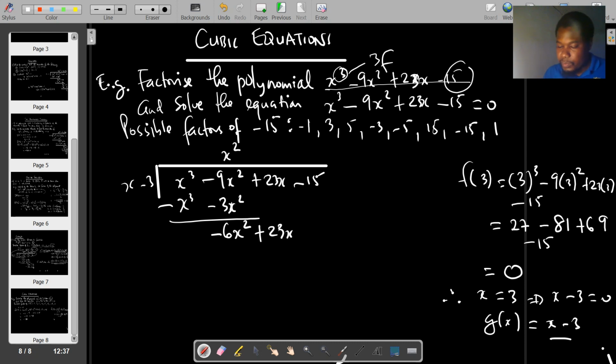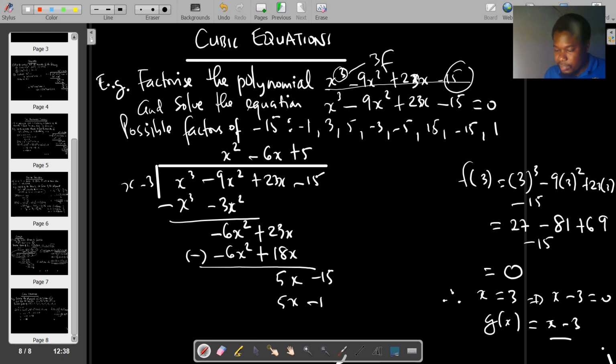All right, x into negative 6x squared gives us negative 6x, times that is negative 6x squared. Negative 6x times negative 3 gives us plus 18x. When we subtract the two, what we end up getting here is 0. 23 minus 18 gives us 5x minus 15, okay. x into 5x plus 5, okay, 5 times x is 5x, 5 times negative 3 is negative 15.